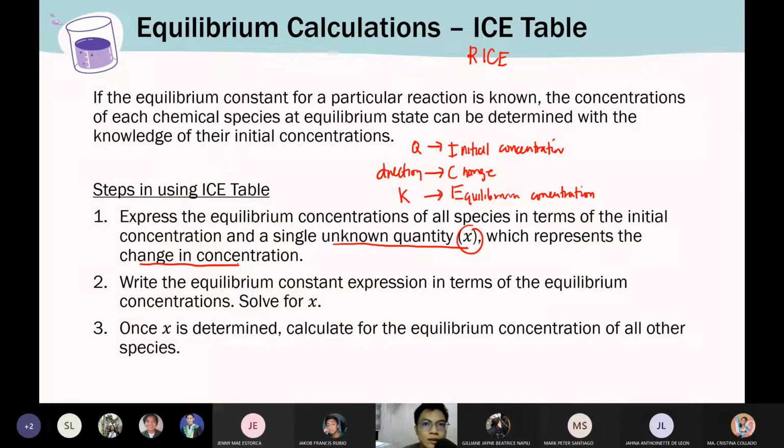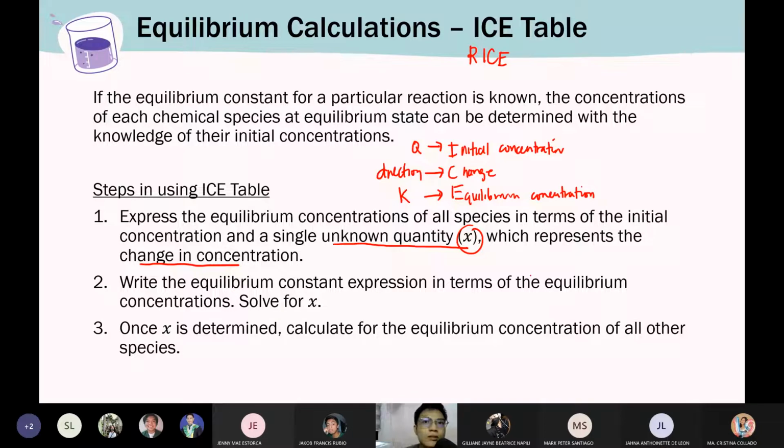X kasi hindi mo nga sure kung gaano karami yung madadagdagan o mababawasan. That's why we write x as our unknown. Yun yung isa-solve mo. And then yung equilibrium, basically, we'll combine the initial and the change. Pagsasamahin lang natin siya to get the equilibrium.